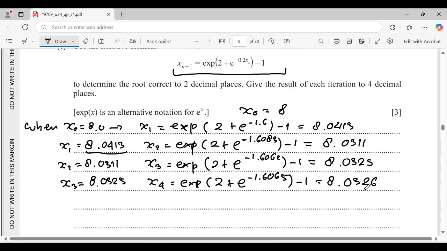Look, the difference between this number and this number is 0.0001. So we can state that the root is 8.03. This is the root.